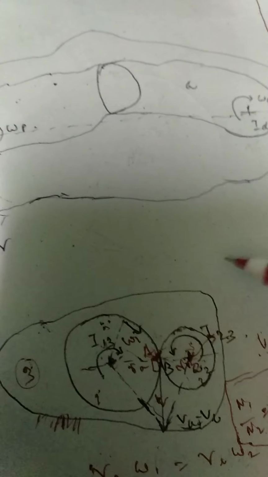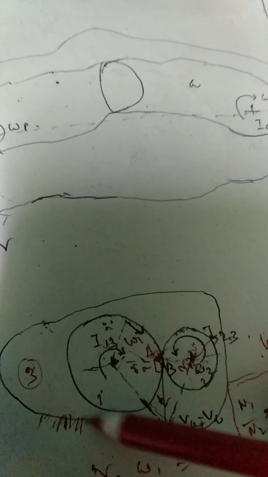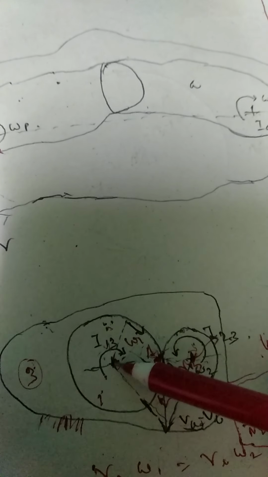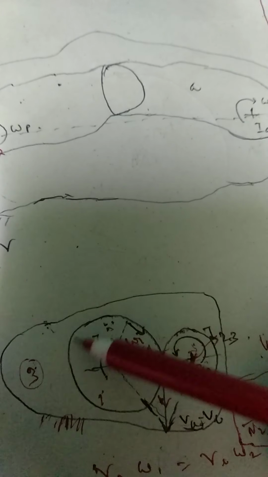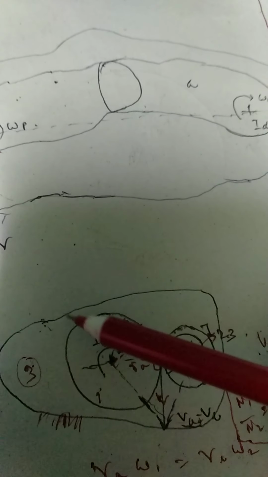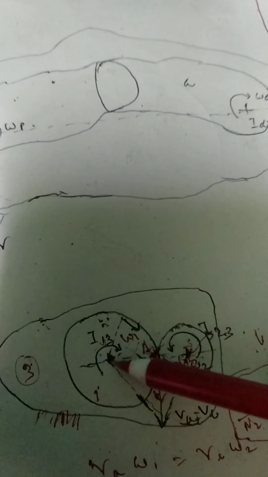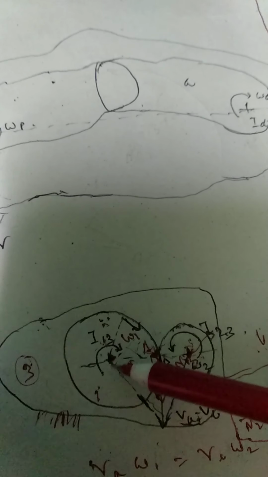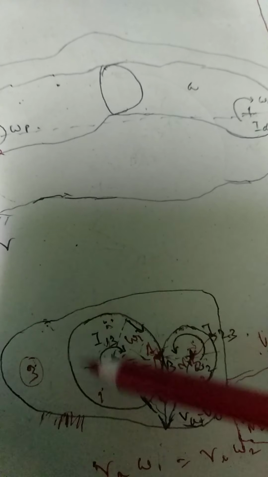Now the relative velocity of body 1 with respect to the bigger body 3 at the I center, I13, will be 0. This is the fixed body and this body is moving.